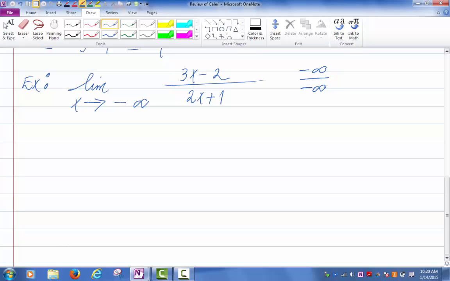Yeah, I mean, okay, there is a long way of doing this, and there is a shortcut that I told you in Calc 1. But let me first of all do it the long way.